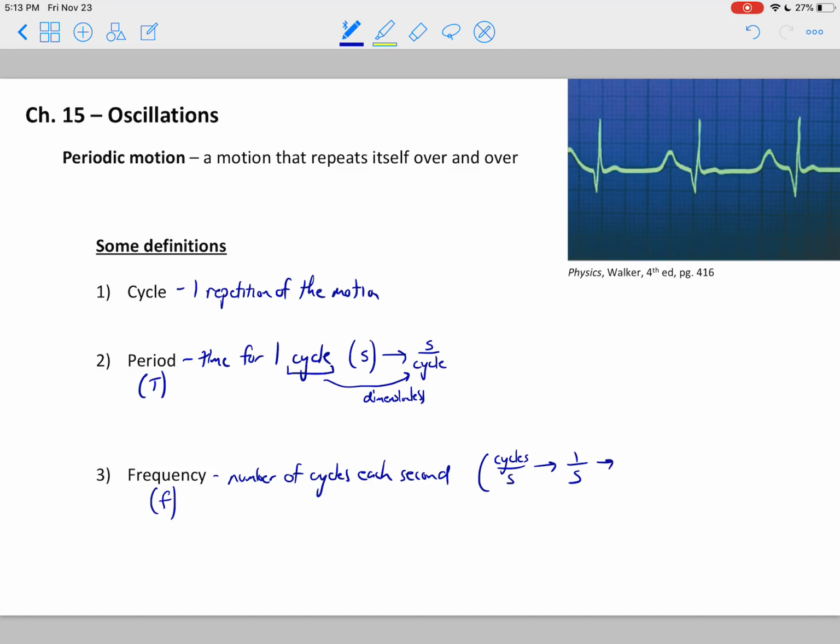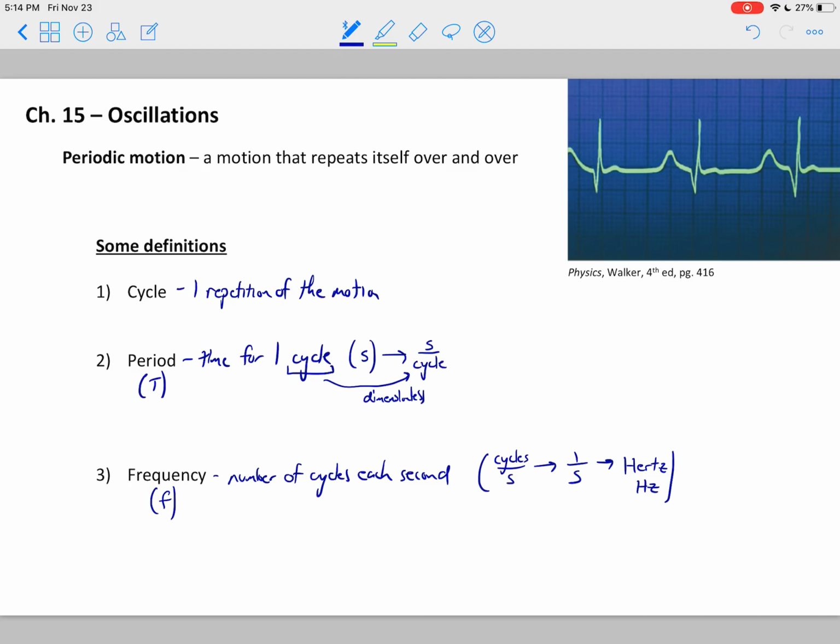And by definition, 1 over seconds is equal to hertz, Hz. So our units of frequency are going to be hertz as long as we're measuring how many cycles happen each second. You could think of frequency as measuring sort of how rapid the oscillations are.